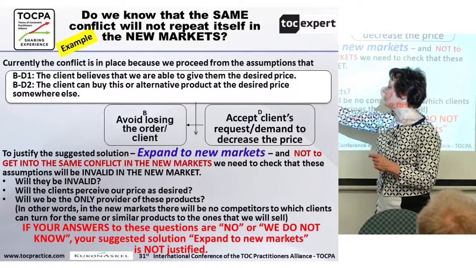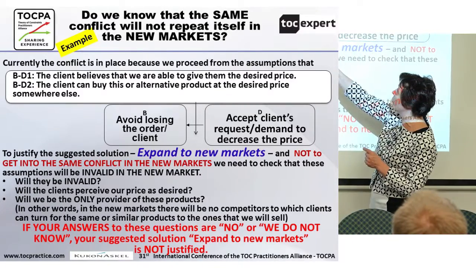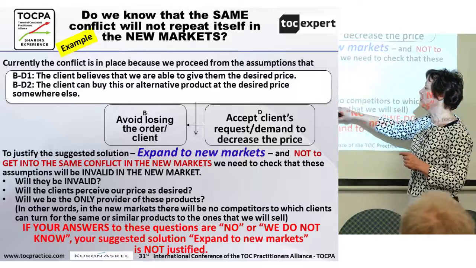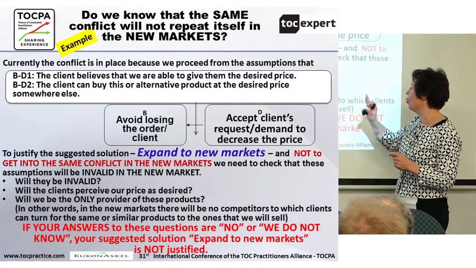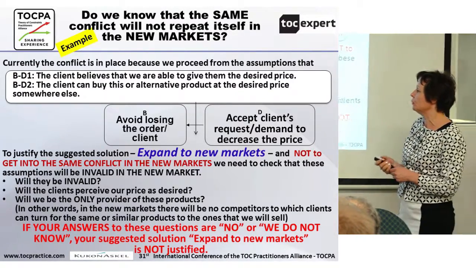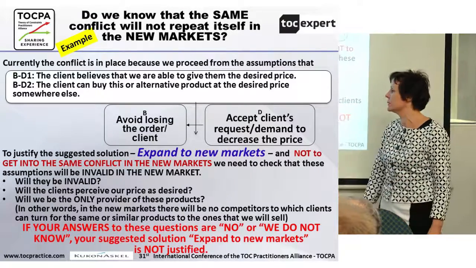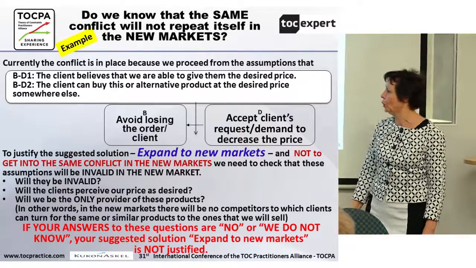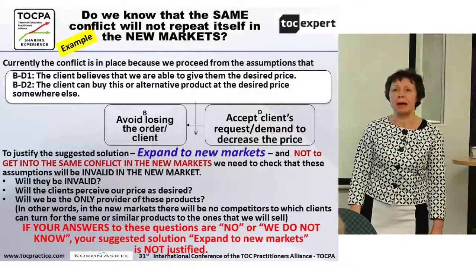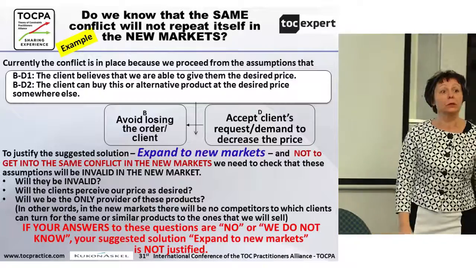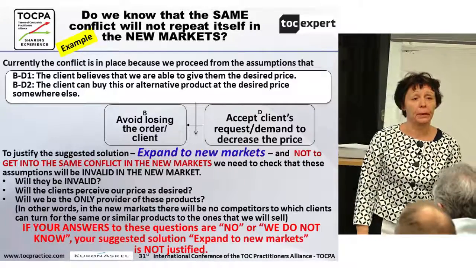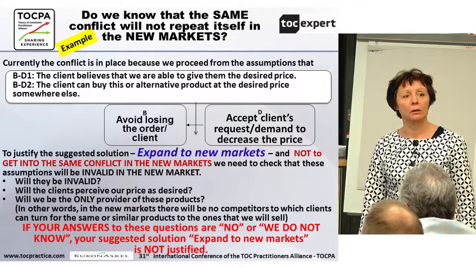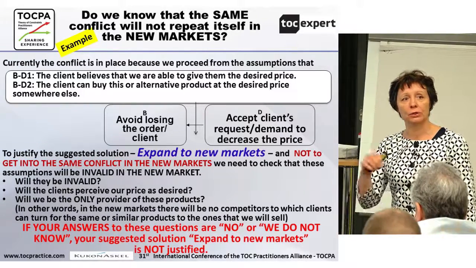Will we be the only provider of these products, or will they be able to buy alternative products? In other words, will there be no competitors in the new markets to which clients can turn for the same or similar products to the ones that we will sell? If your answers to these questions are no or we don't know, your suggested solution, expand to new markets, is not justified. So this is the way in which we are using the TOC thinking processes and the TOC tools.